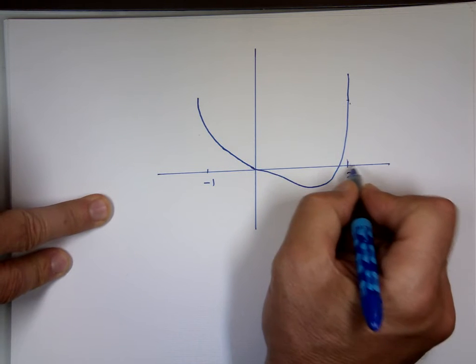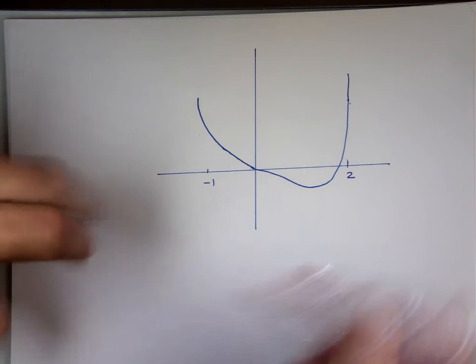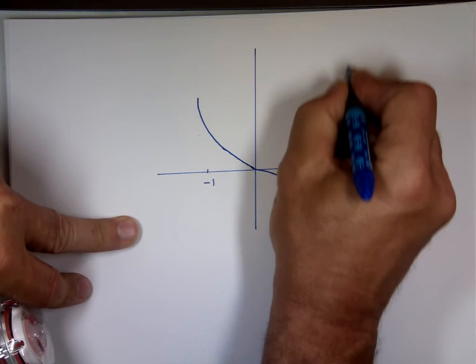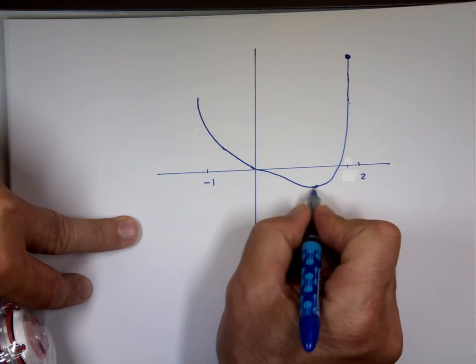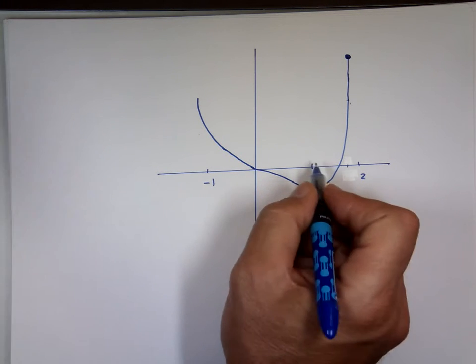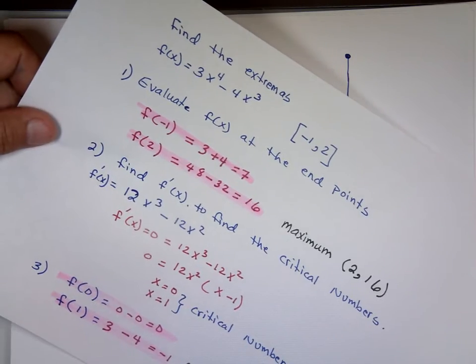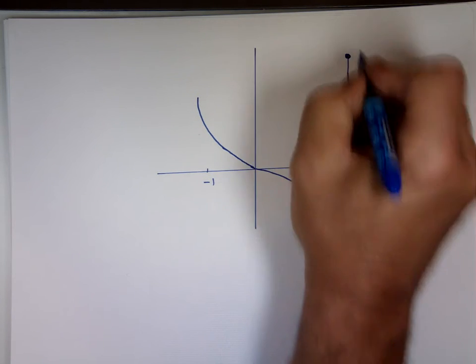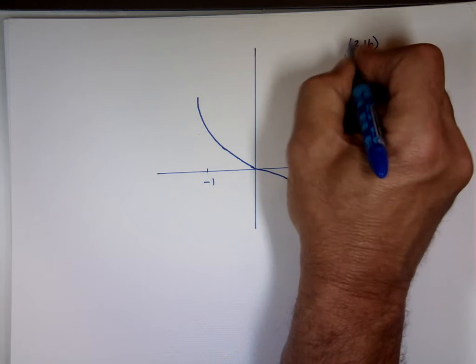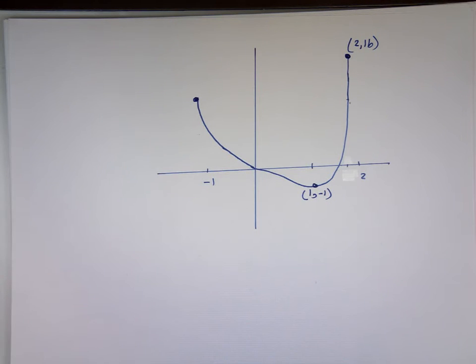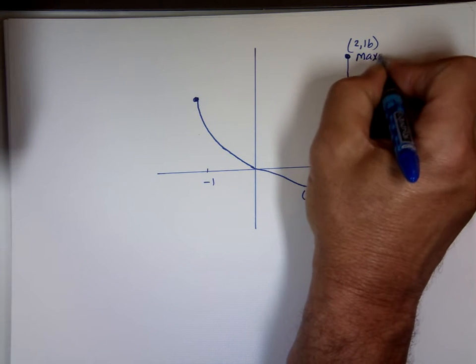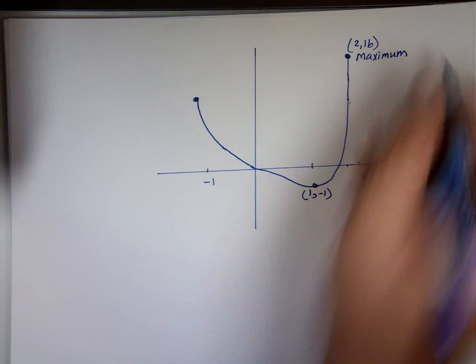I got to push the 2 out just a hair. Where was your minimum value? At 1, was it? At x equals 1? So this is the 1 and -1, and this is the 2 and the 16. The graph will look something like this. This is your maximum value, and this is your minimum, if you graphed it.